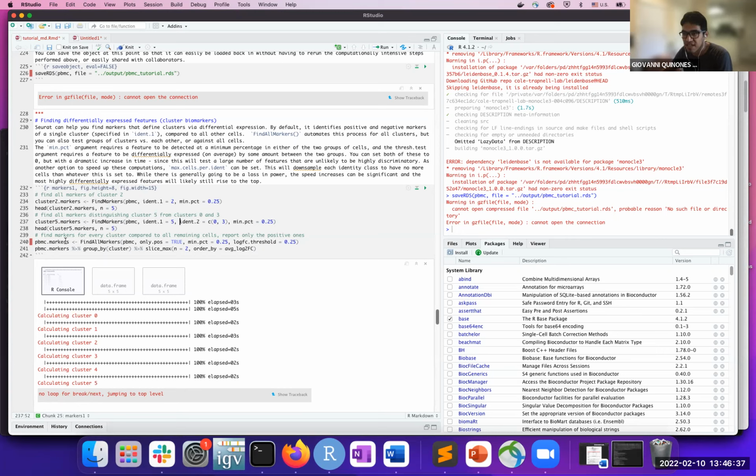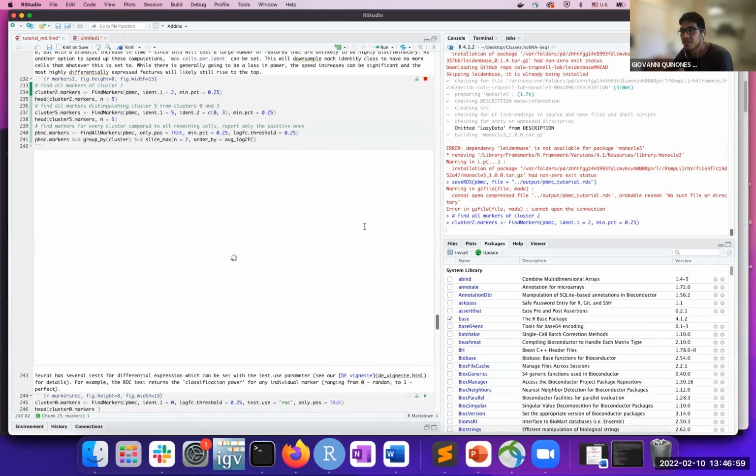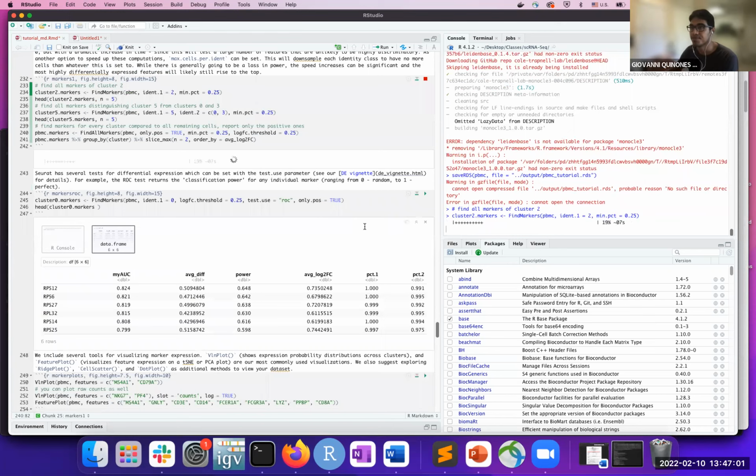And finally, this last function is finding all of the markers for all of our clusters. And it's also setting some minimum cutoff. We're going to see what this parameter means. So you can go ahead and run this cell. Should take a few seconds.